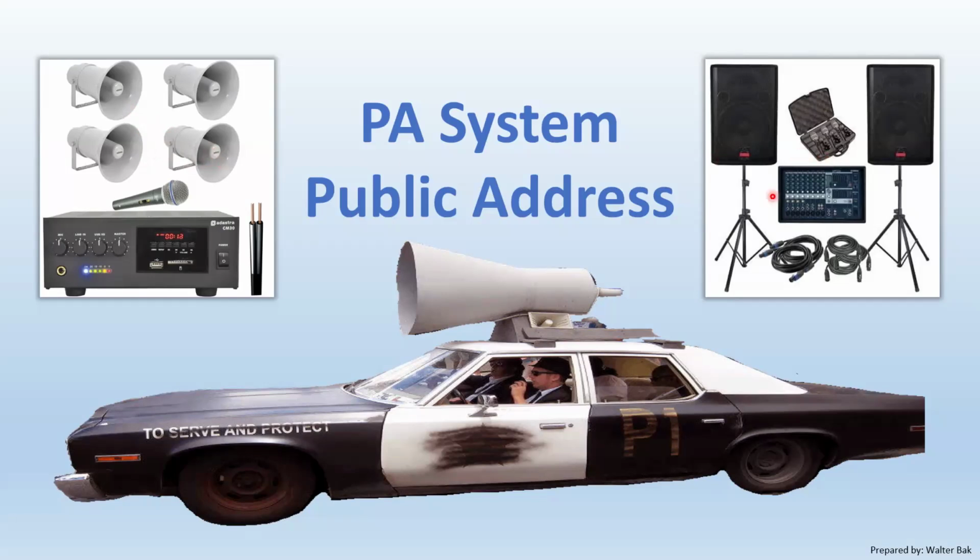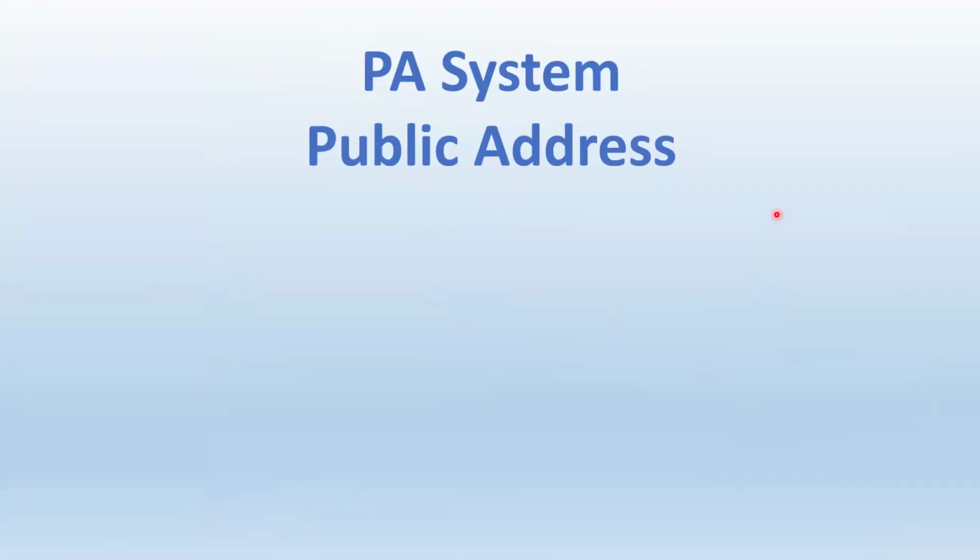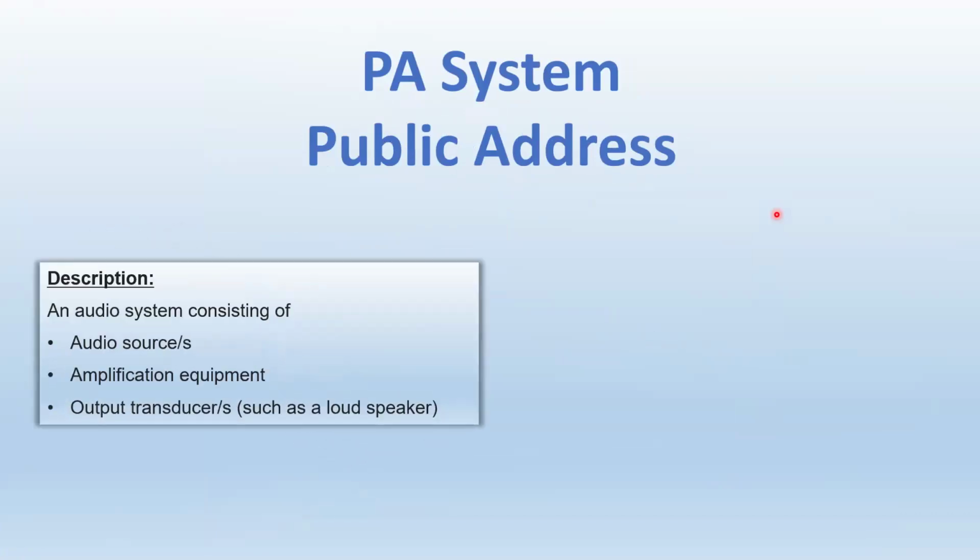Now over here is more of a full spectrum. Here we have a subwoofer and a bunch of tweeters to accomplish a full range sound system. So different PA systems are going to be used for different applications. Okay. Public address system.